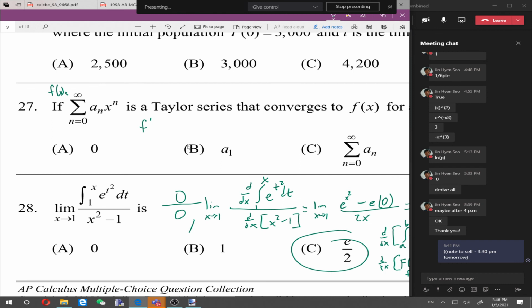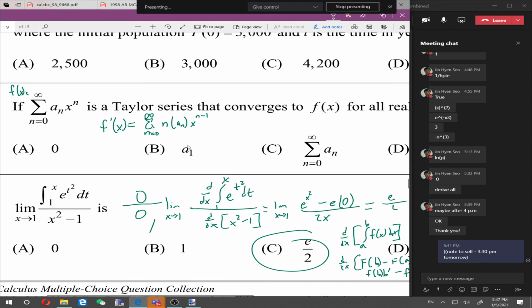So if I wanted to know what f prime of x would look like in general first, this would be the sum from n equals 0 to infinity of what? n times a_n times x to the n minus 1, okay. So we multiply by the power and take 1 from the power, so power rule.